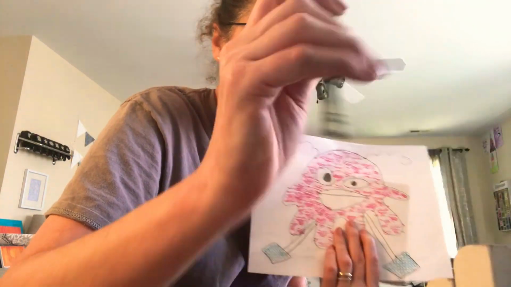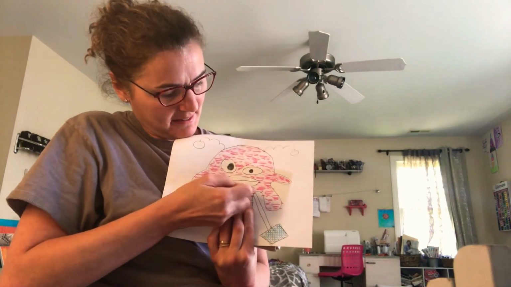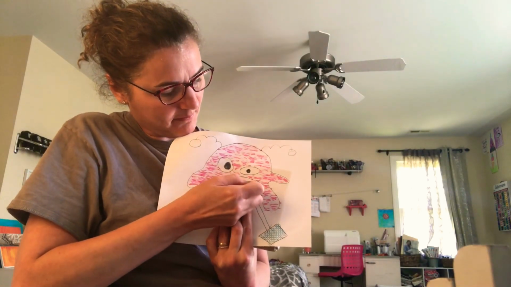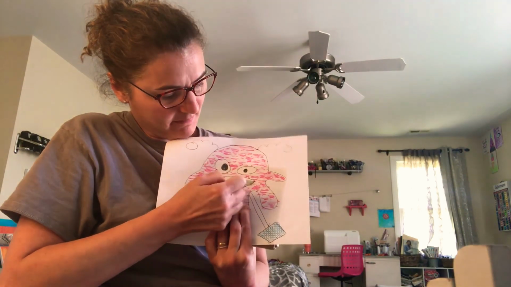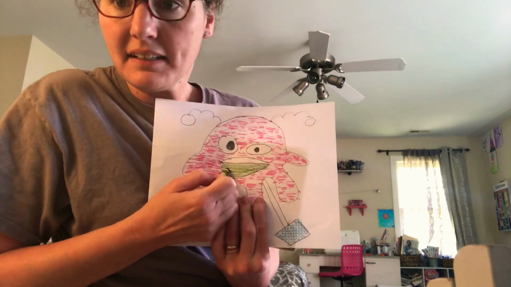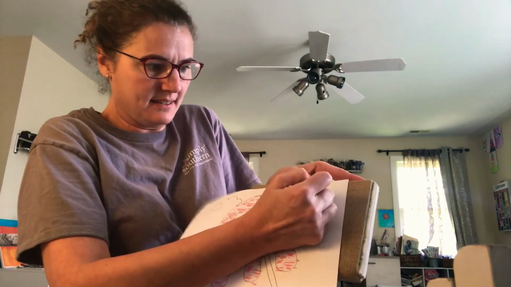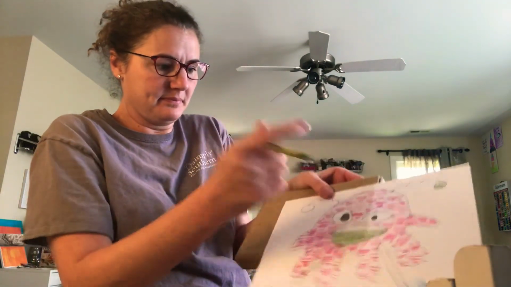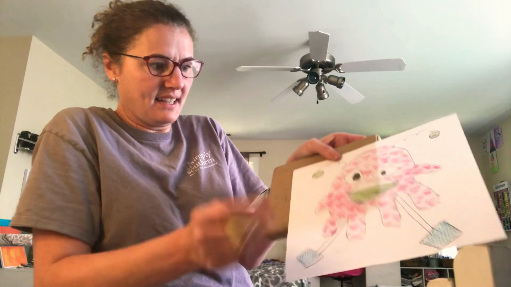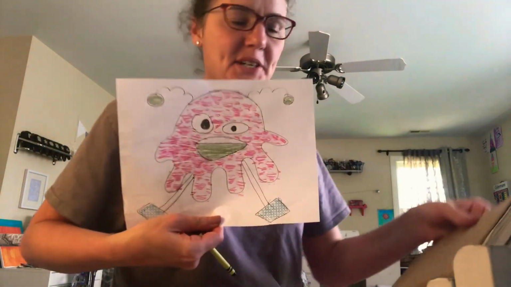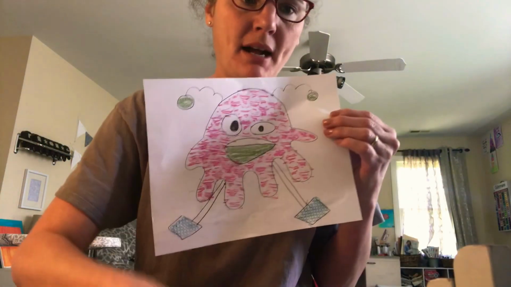Let's do green. Look at that. And then I might do the green up here in this little part for his, like that. All right, there's my texture funny monster.